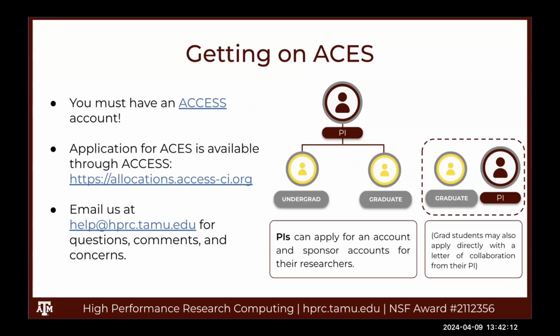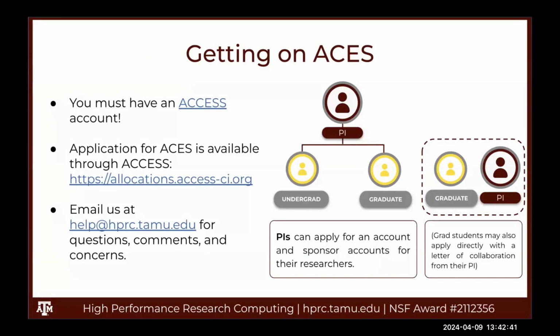And the ACES system is a part of this network. You need to get an account, and then when you're writing your application, you need to pick ACES as one of the machines you want to have access to, and then we can get you started on the system.